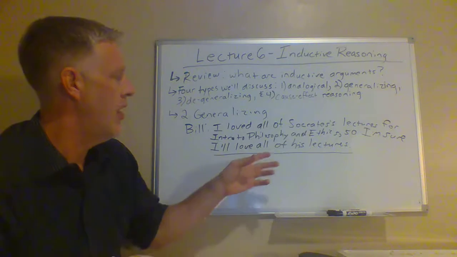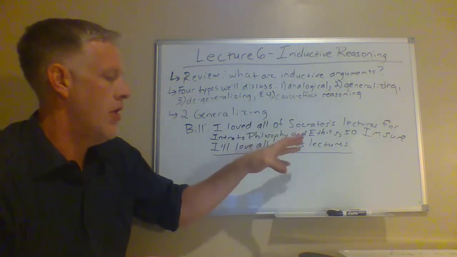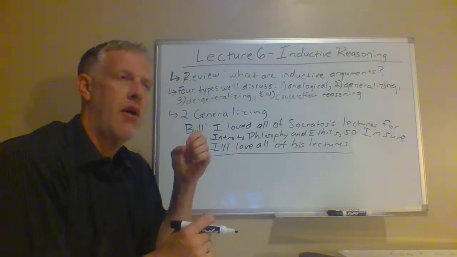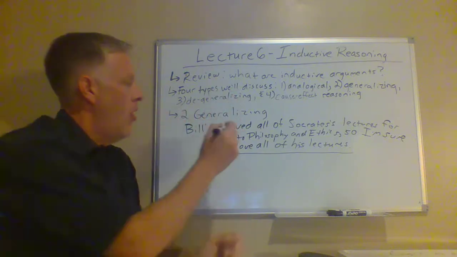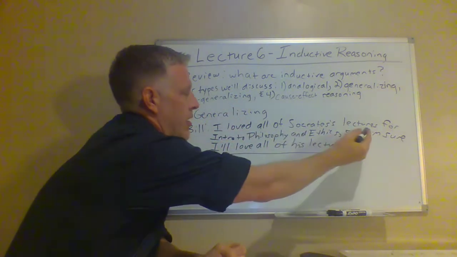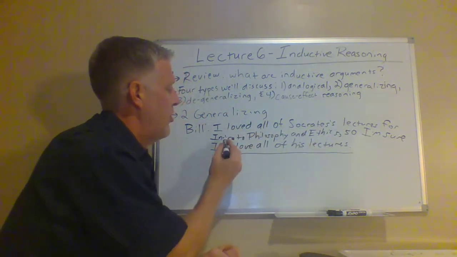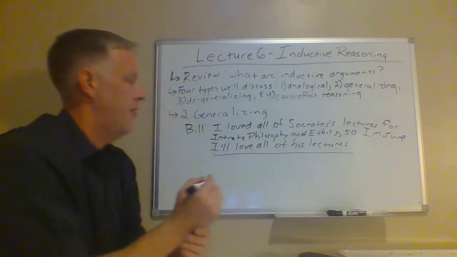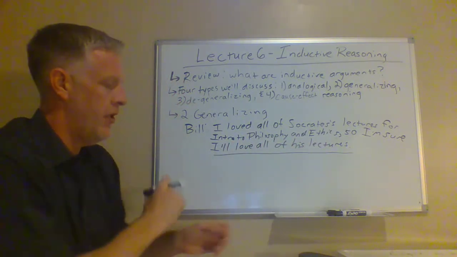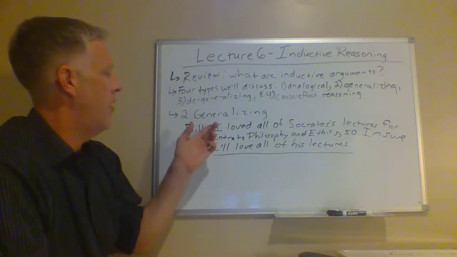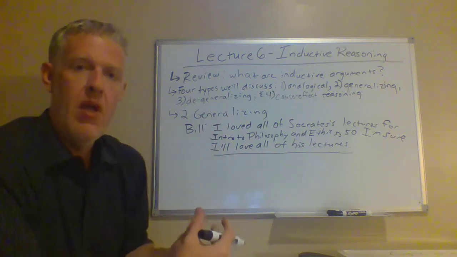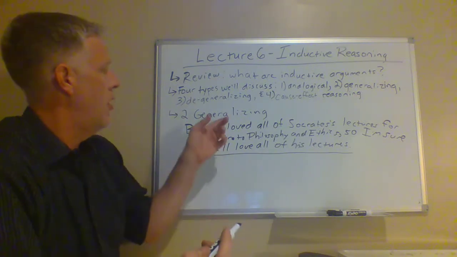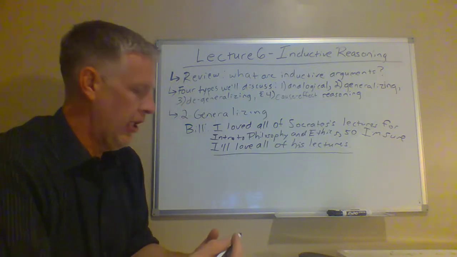All of Socrates' lectures. He's basing it on a sample, a portion of that population, specifically his experience of Socrates' lectures for Intro to Philosophy and Ethics. So he's offered an inductive generalization, a form of generalizing reasoning.